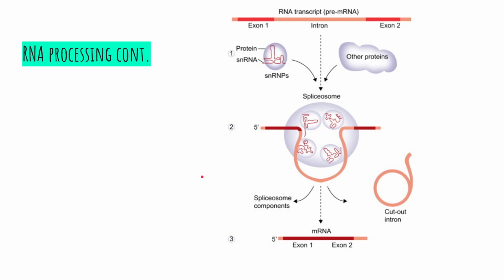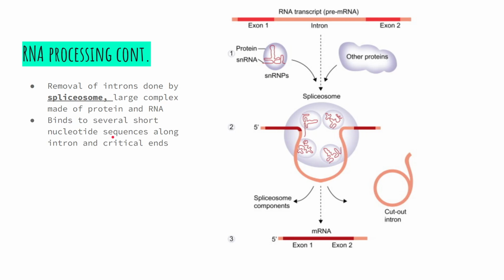The final part is how those exons are put together and how the introns are removed. The removal of the introns is done by something known as a spliceosome. It's a few little enzymes that are put together, which make a large complex of proteins and RNA.